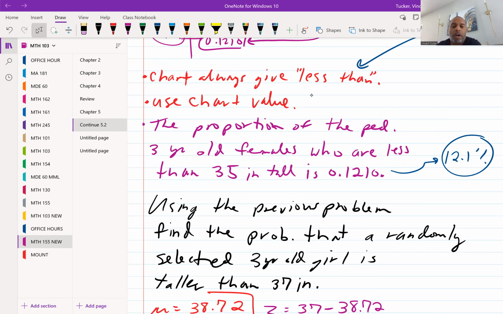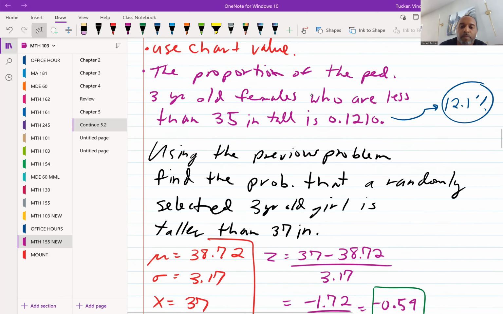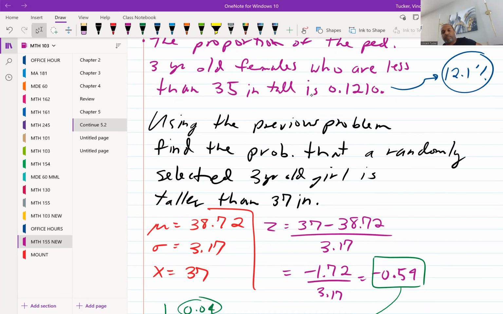All right, so using information from the previous problem, we'll find the probability that a randomly selected 3-year-old girl is taller than 37 inches. All right, so we already established that our mean is 38.72, standard deviation is 3.17.